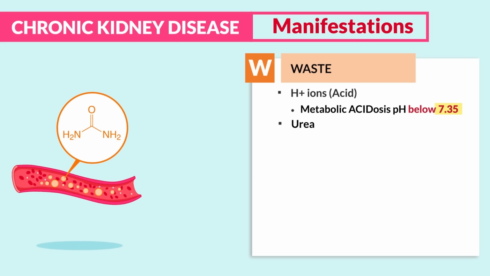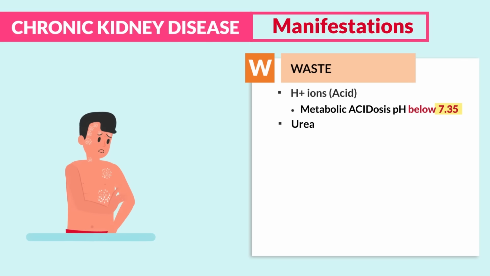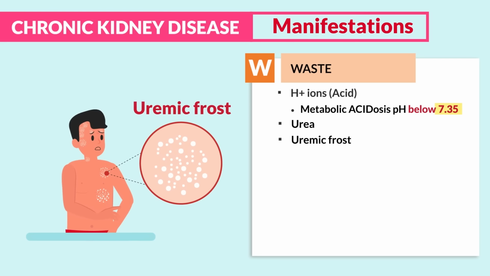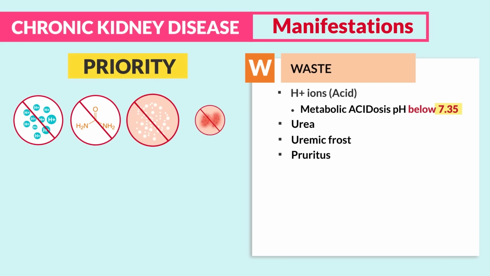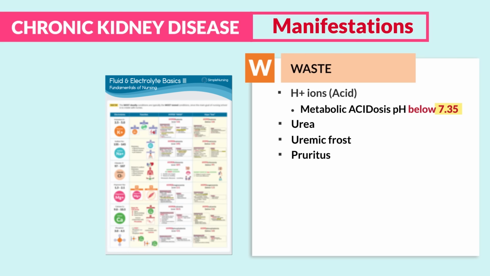And we also see urea, since it can't get out of the body and into the potty, which eventually develops into uremic frost, those crystallized urea deposits on the skin. Basically, white frost causing pruritus, that itchy skin. But again, these are normal and to be expected, and not priority over hypertension crisis. Remember, those headaches, nausea and vomiting, and change in mental status are all priority here, so don't get it twisted.